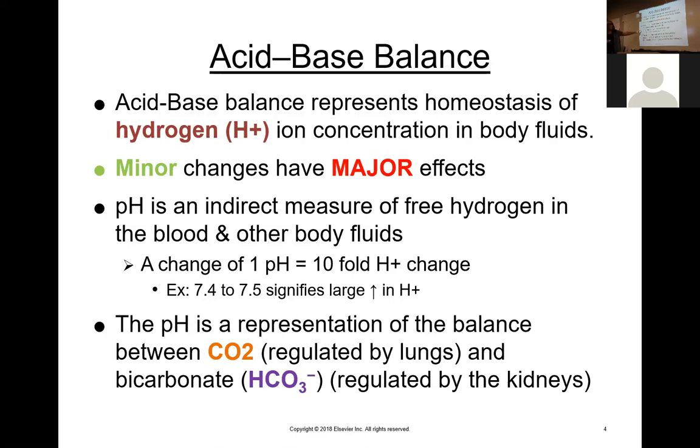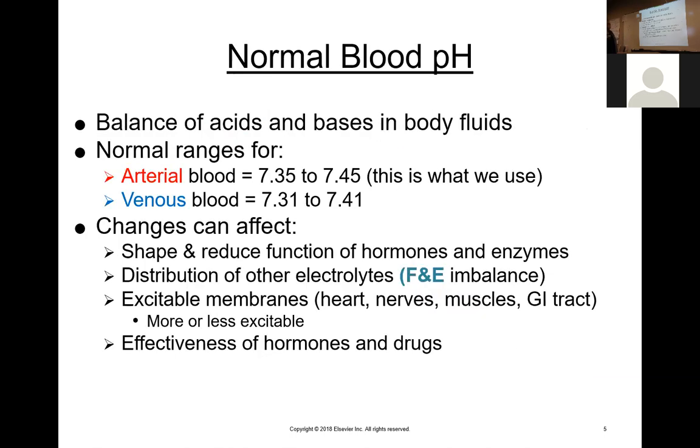A point to remember as well: a change of 1 in pH, so let's say we went from 7.45 to 7.5, is a significant change. So even though that 0.1 change looks small, it's a big change in the body. A lot's going on with the chemical buffers in the body. The pH is a representation of the body working between the lungs and the kidneys.